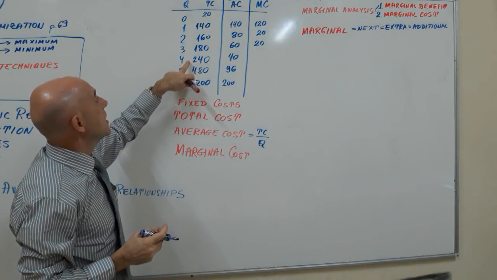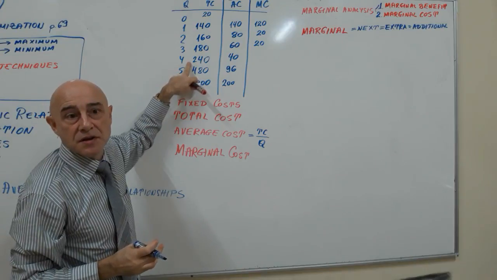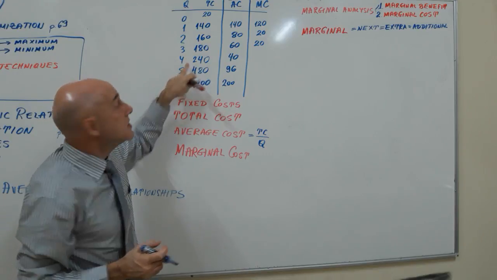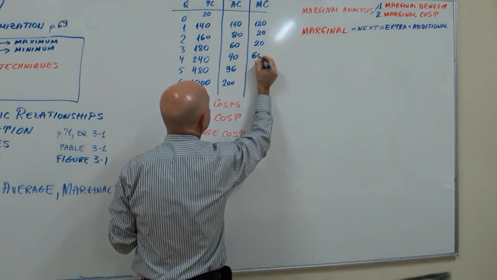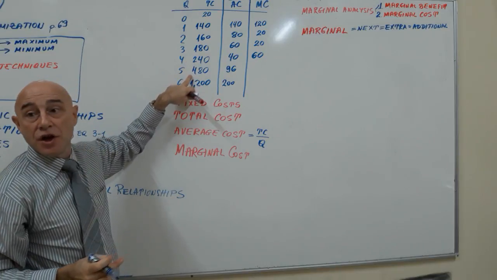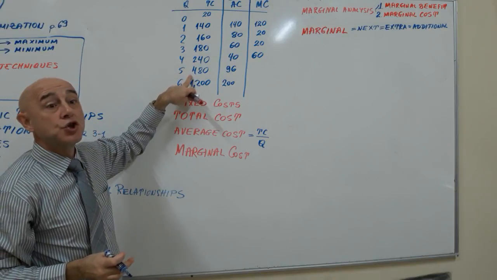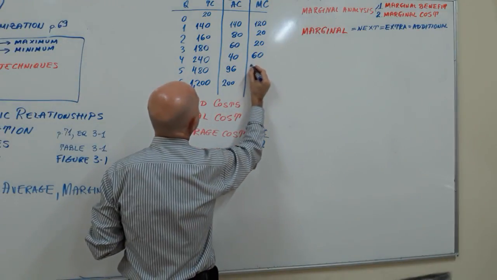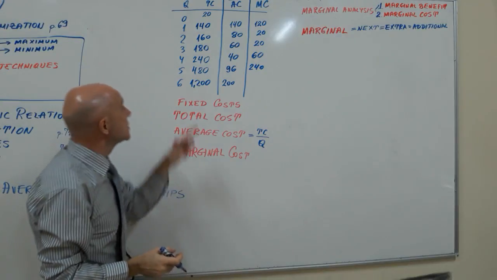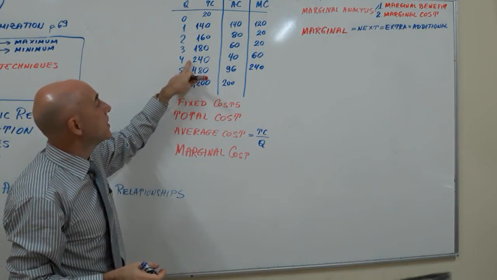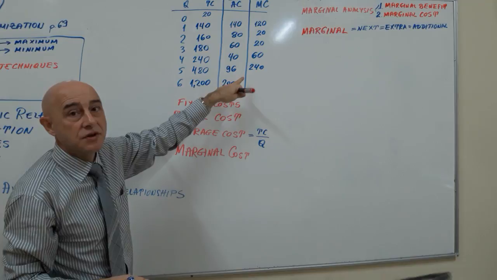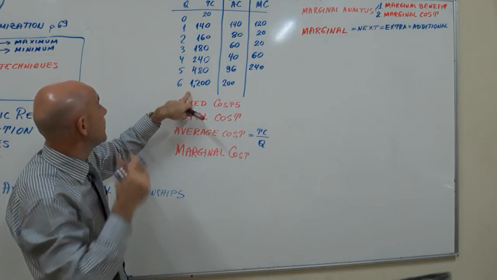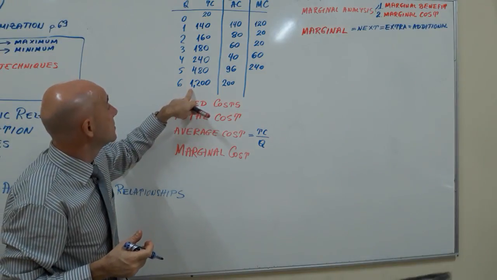Now, from 180 to 240, what's the marginal cost? 60. Here, 480 minus 240 is 240. And then the marginal cost here is like, I don't know, 720.